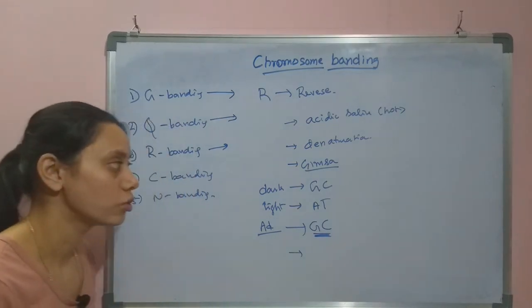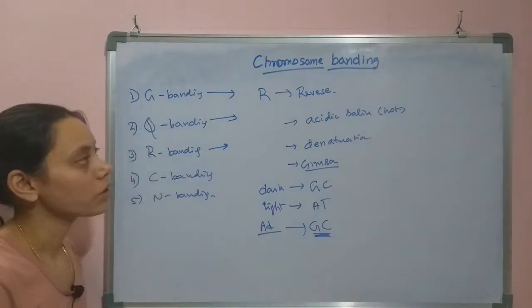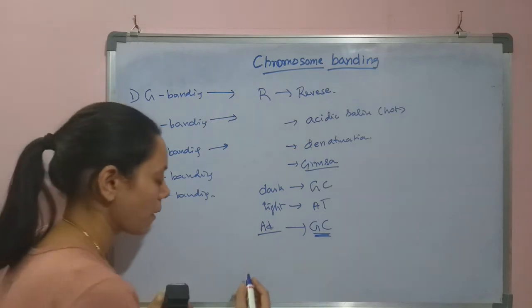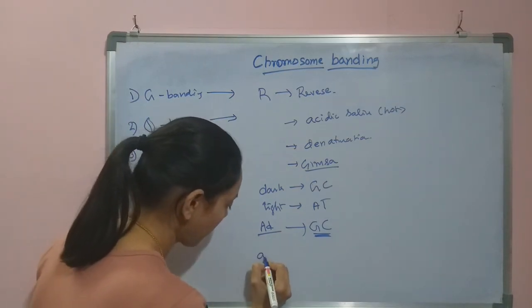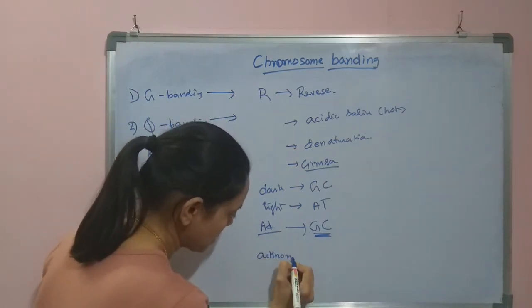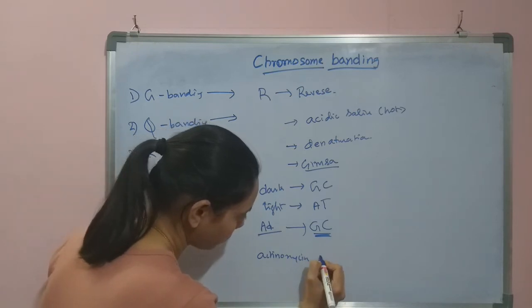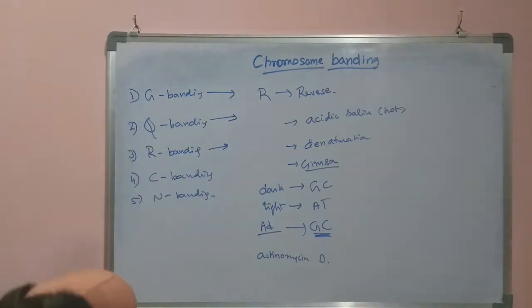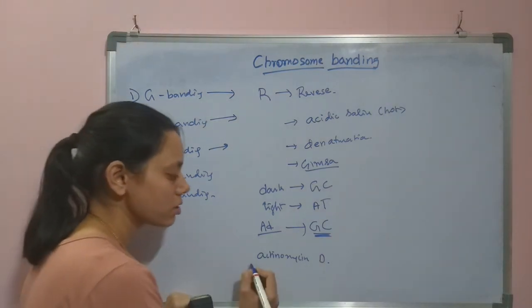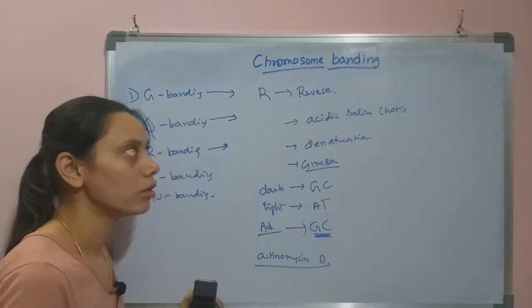The other dye which is used in a similar way to reverse banding is actinomycin D. This dye will act similarly to R banding.